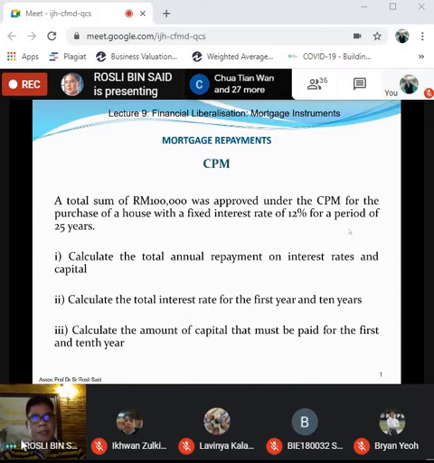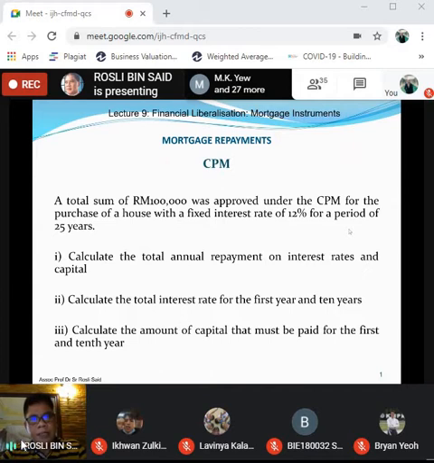That means the commercial system needs to have the Islamic finance, and the Islamic finance also needs to have the commercial system. That's why we use constant payment mortgage as a base for the calculations of any mortgages that are available in the market.